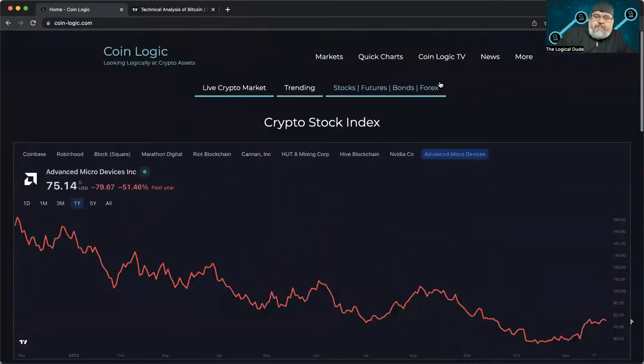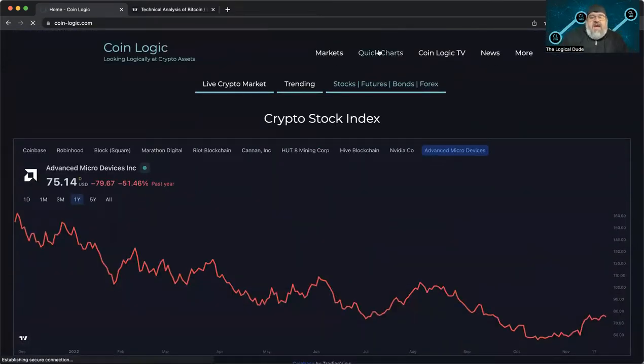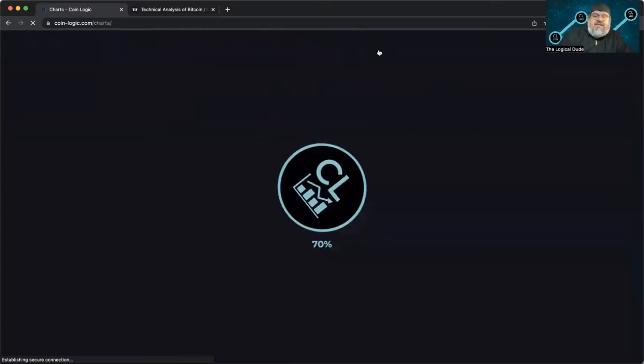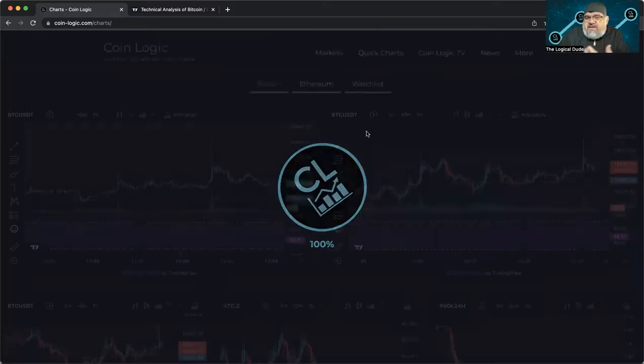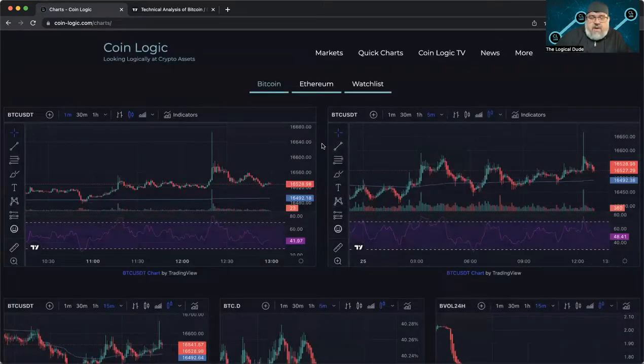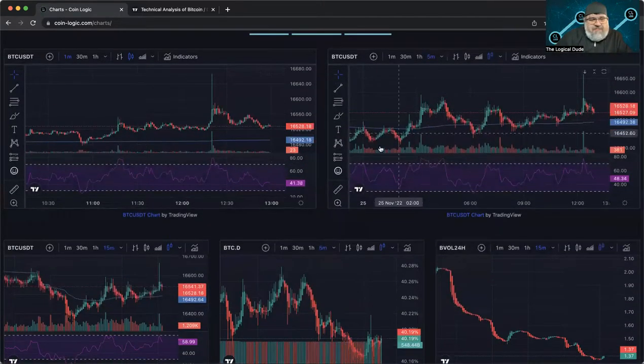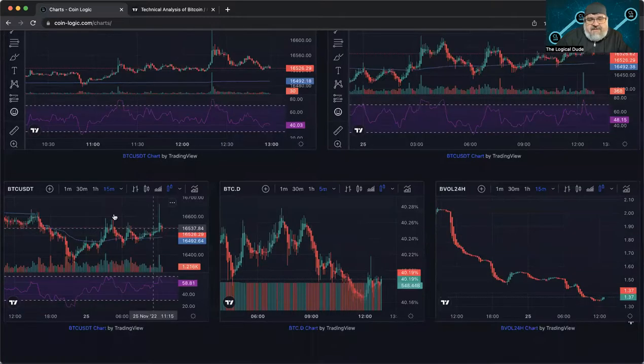All right, and we have got quick charts over here. So the quick chart section is basically a broken down, sectioned out chart section that I use for trading. So I've got Bitcoin. I got the 1 minute, the 5 minute, I got the 15 minute down here. Then we've got Bitcoin dominance, and then we've got the Bitcoin volatility.